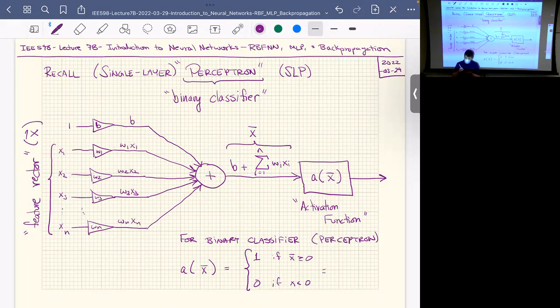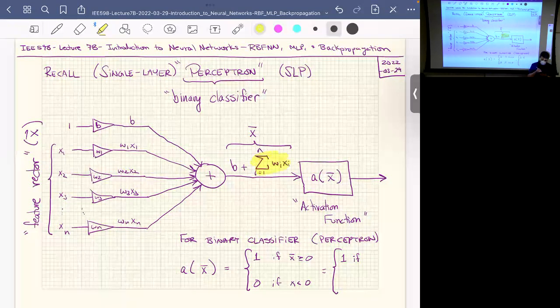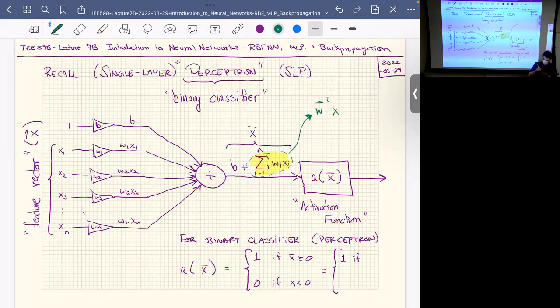And that is going to be equivalent to saying that this is 1 if the sum is greater than or equal to the negative bias term. So I can write this sum here as w vector transpose x vector.